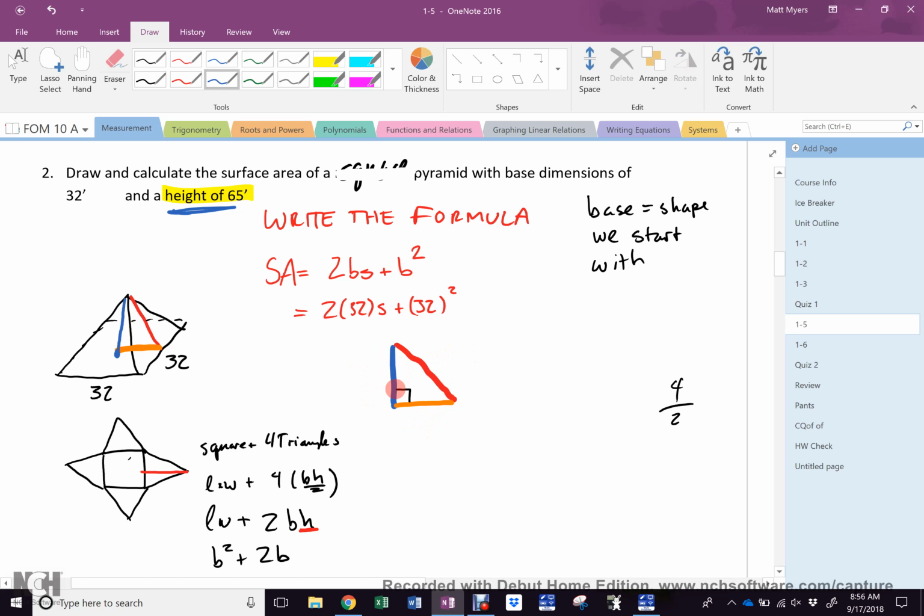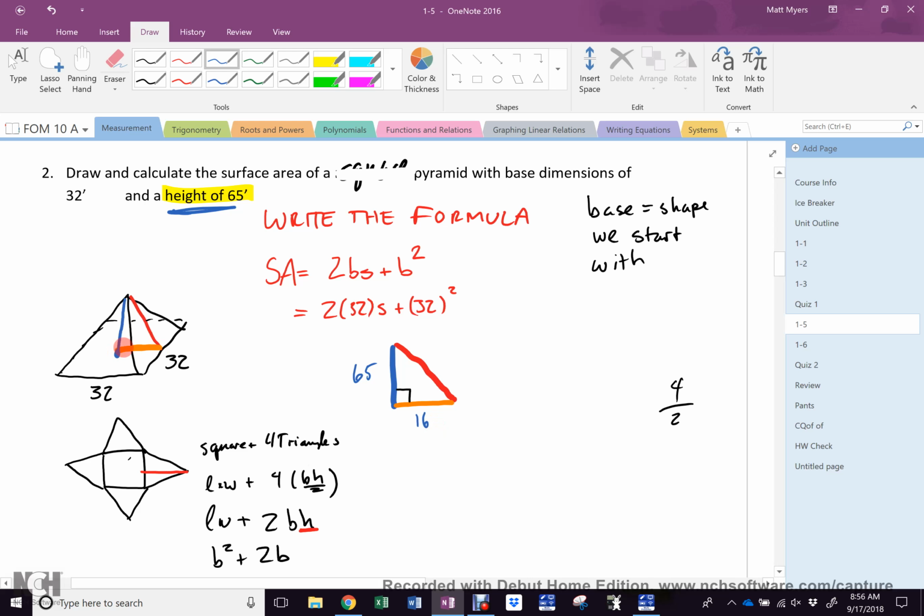So, do we know this blue line? Blue line in the pyramid, blue line in the drawing. How long is it? 65. Excellent. Do we know the orange line? What is it? 16. How many people wanted to say it was 32? I hope no one. Why is it 16, Hayden?